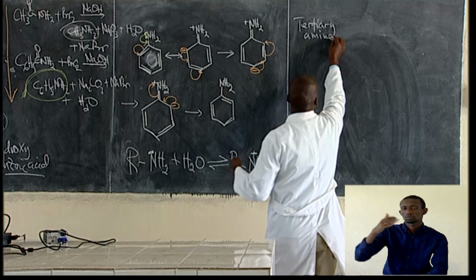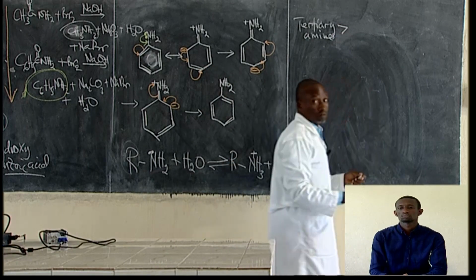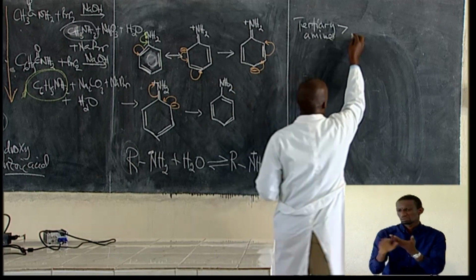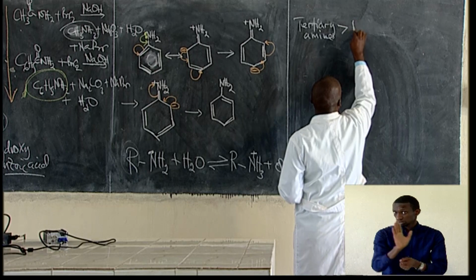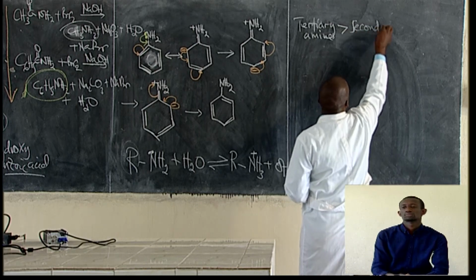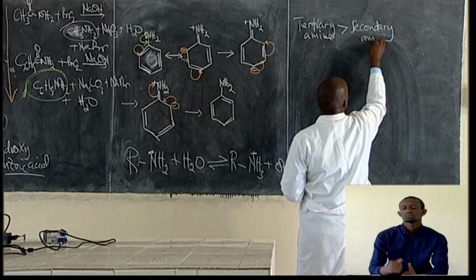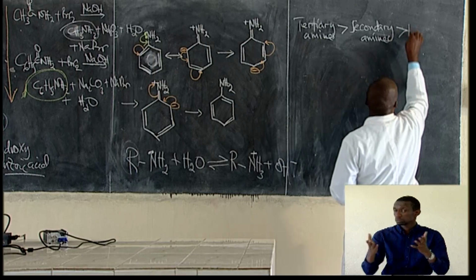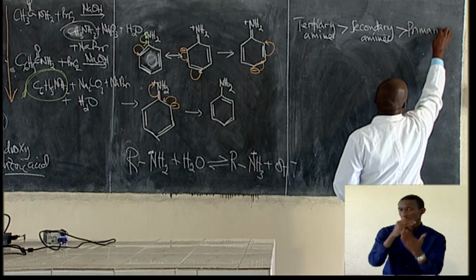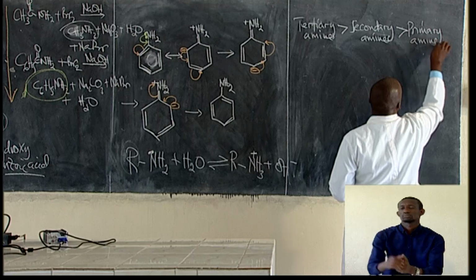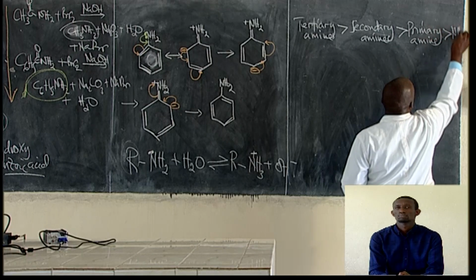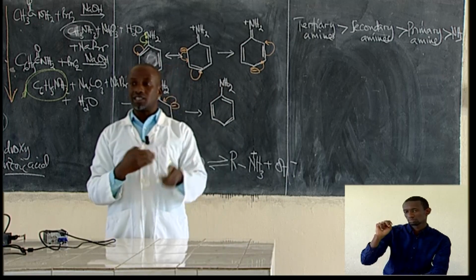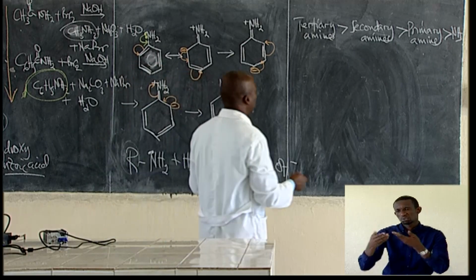The tertiary amines are greater, or they have a higher basic character than the secondary amines, which are greater than the primary amines, and these are also greater than ammonia. So I hope you could have also discussed this one in details.